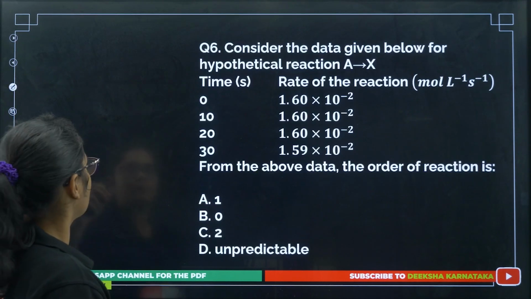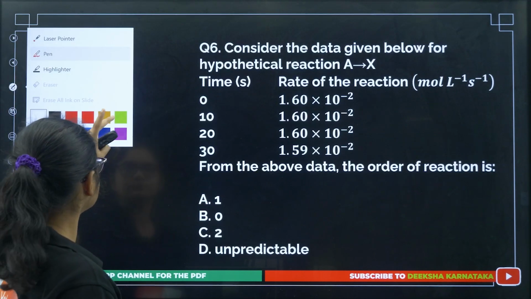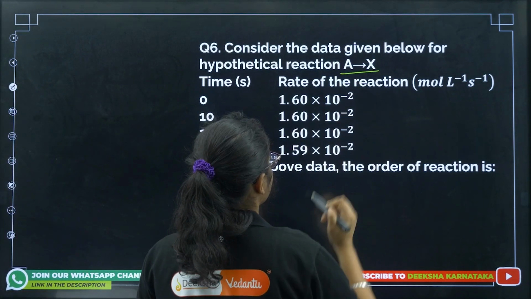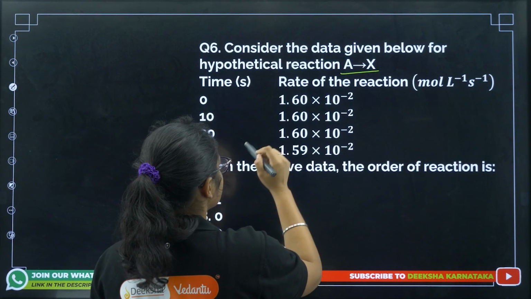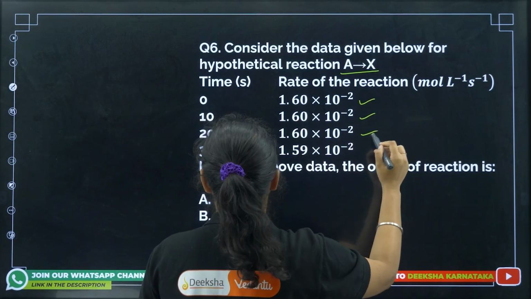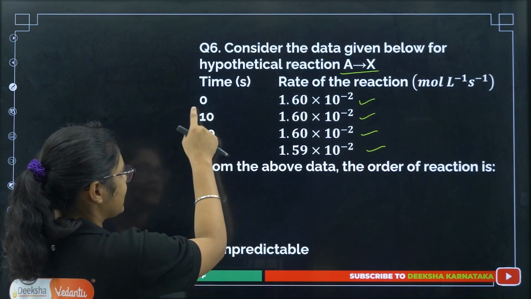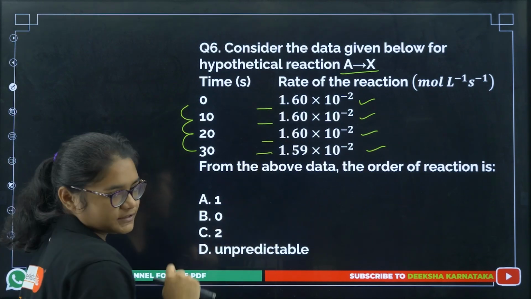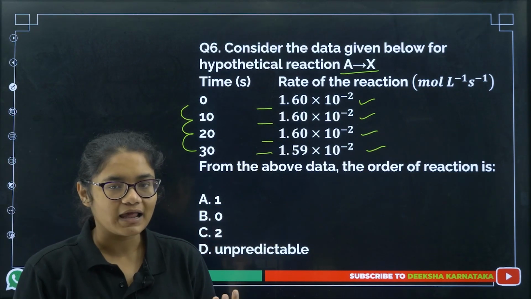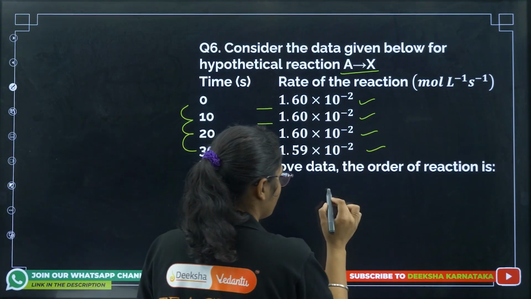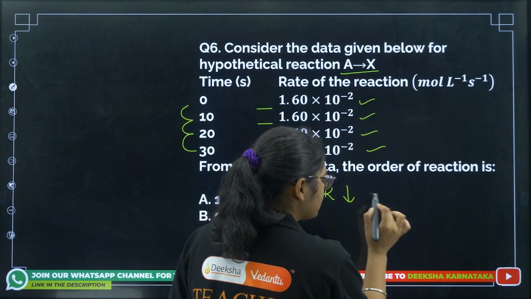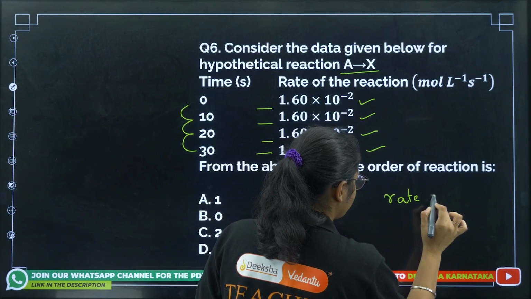Now coming to the next question. Consider the data given below for the hypothetical reaction A to X. The time is given and the rates are given. Now you see, with time there is no change in the rate. The rate is constant. With time, reactant concentration will decrease, but according to the data the rate is constant.